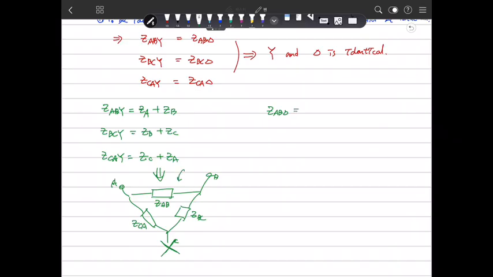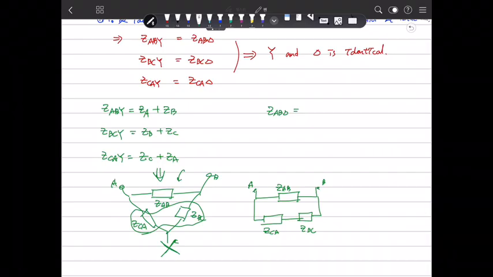Therefore this impedance is GAB in parallel with the sum of GCA plus GBC.